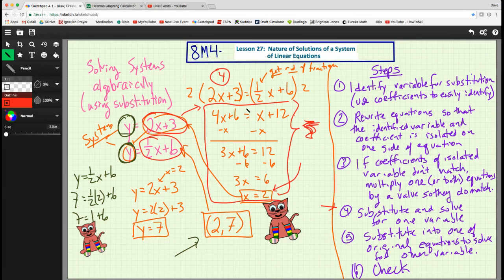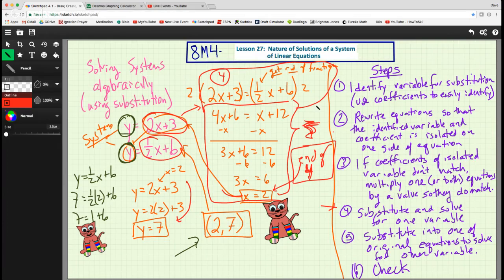This whole thing was step 4. I substituted, then I solved and got x equals 2. So this was the end of 4. And then 5 was the process of substituting this number back in and then solving to get my y.